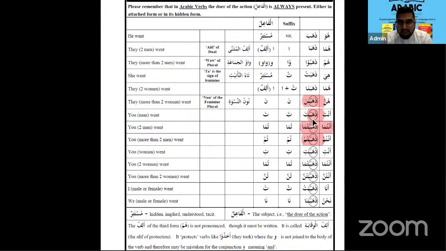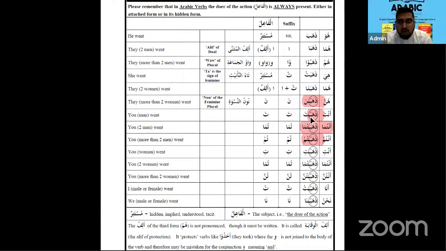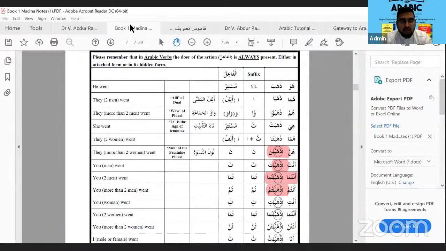So do you understand now? Is it clear for you now? Yes. So the minimum letters in Arabic for a verb are three, dhahaba. So let's go back and see if you can do it now again.